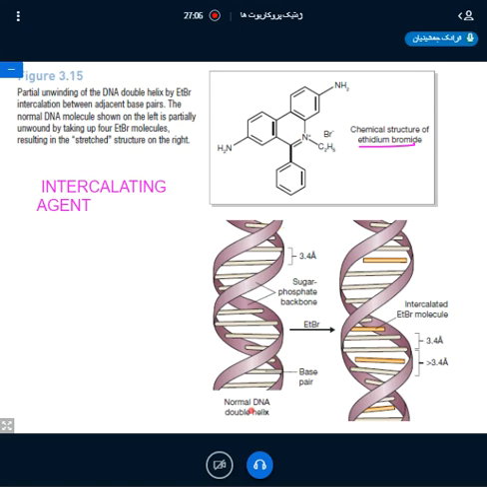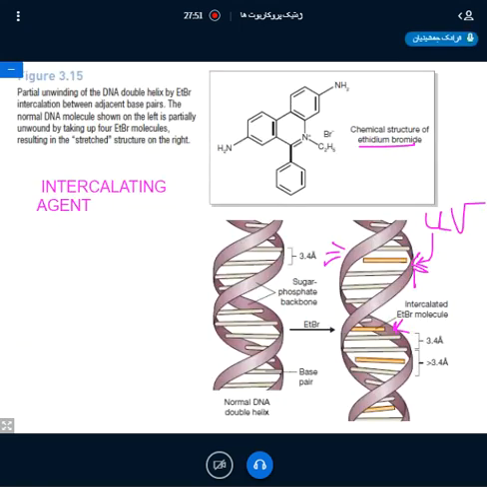Look at here. This is the normal DNA double helix. If we add ethidium bromide, it goes between the bases of the DNA, and with UV light, what will happen? It will glow. Look at it.